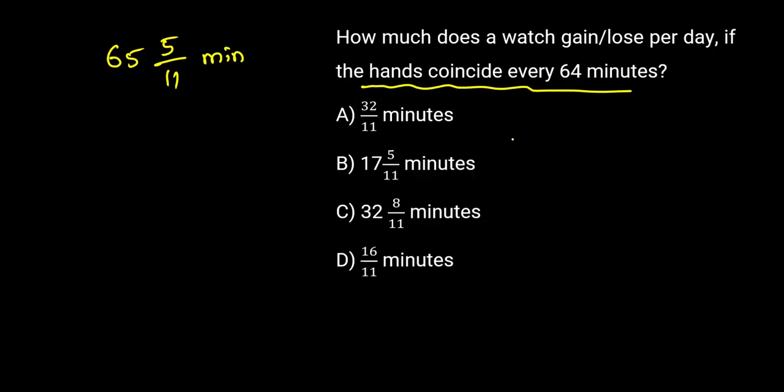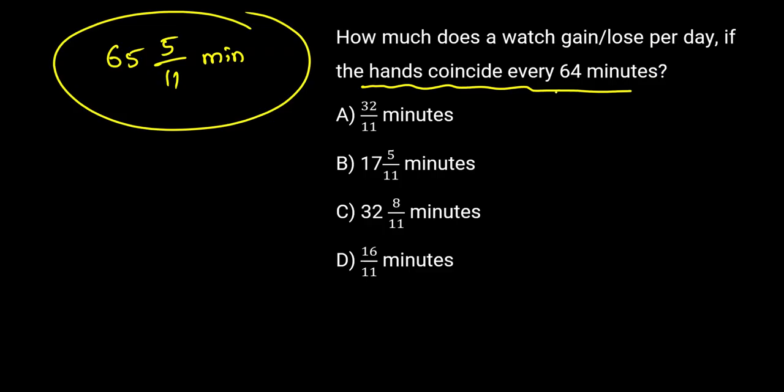So we are losing. You can see the correct one coincides every 65 5/11 minutes. This is coinciding every 64 minutes. So the gap is nothing but 1 5/11, which is 16/11 minutes.